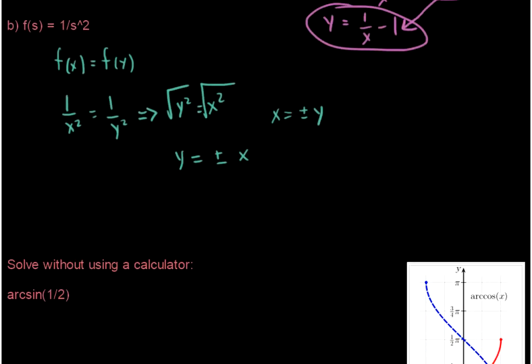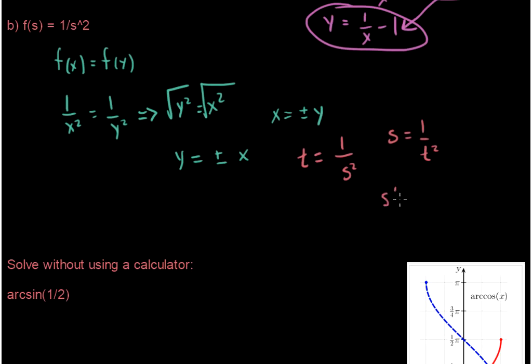Okay, now as far as getting an inverse, do the same thing. You can use any variable. Here we have s, well, let's call that t. Let's just say t is equal to 1 over s squared. Switch your variables. S is equal to 1 over t squared.